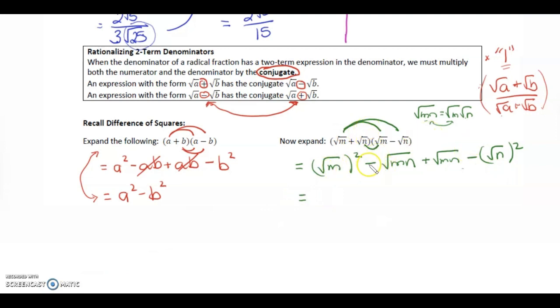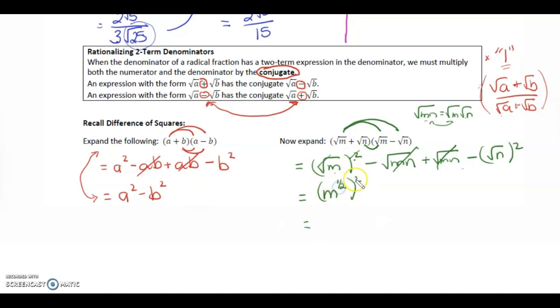So let's go ahead and simplify. Negative root mn and positive root mn cancel out. And we're left with root m squared, but this root and this squared actually cancel out. The long form of this, m would be raised to the 1/2 if we wrote it as an exponent, and this would be squared.